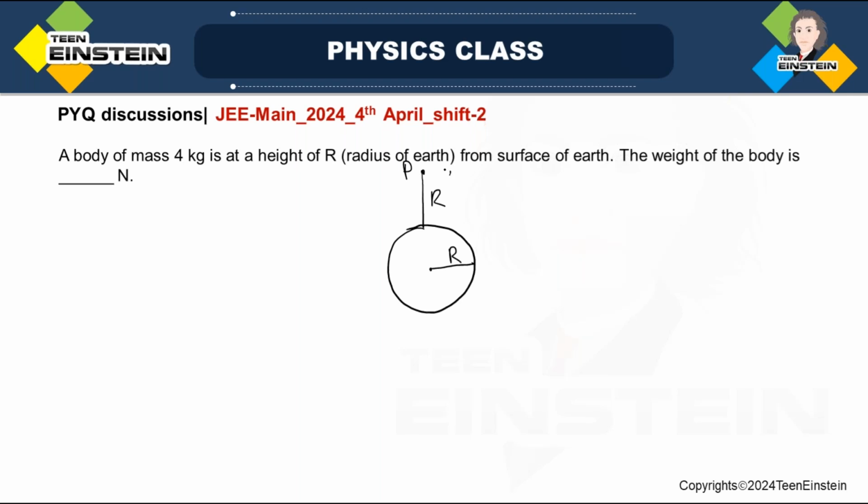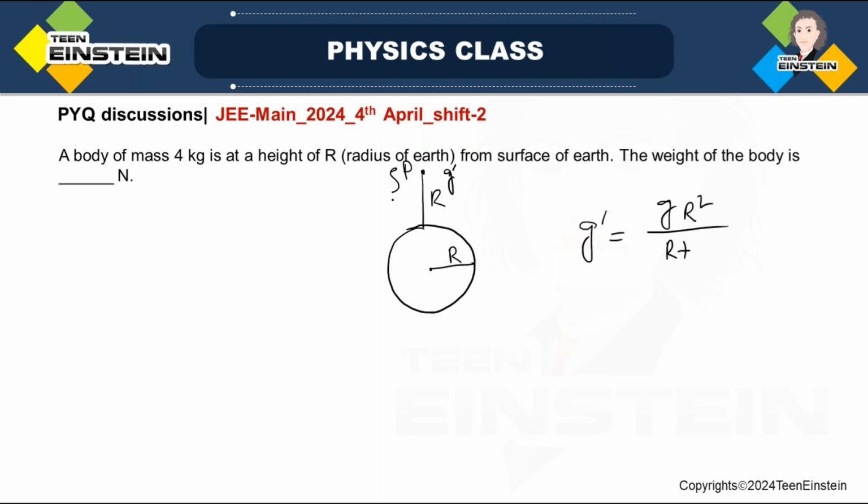So what we have to find out is g prime over here, right? We know the formula at height h is g R square by (R plus h) whole square.